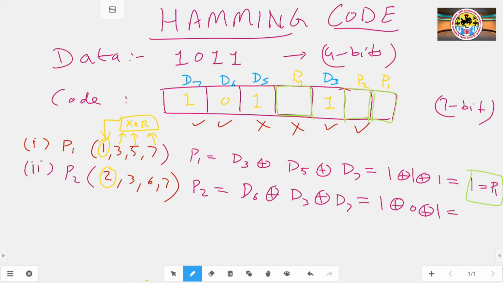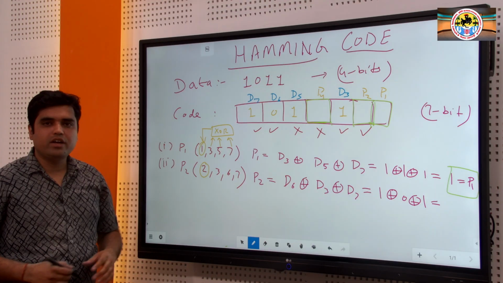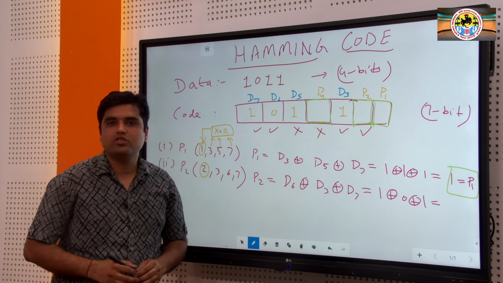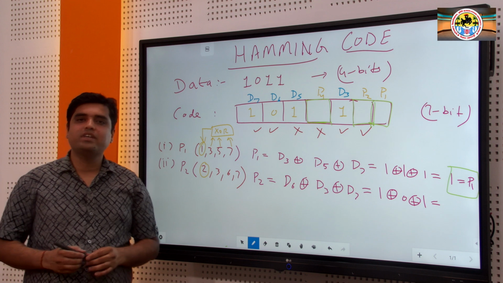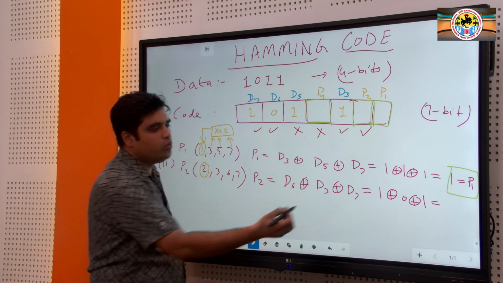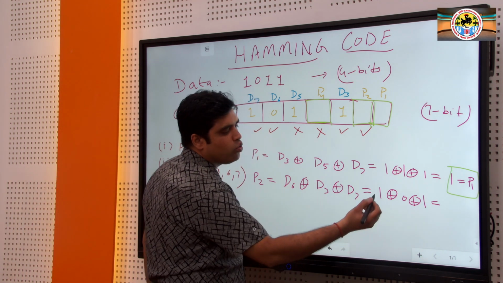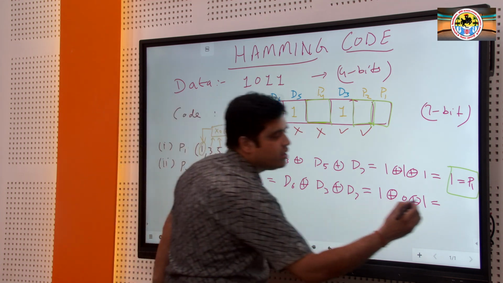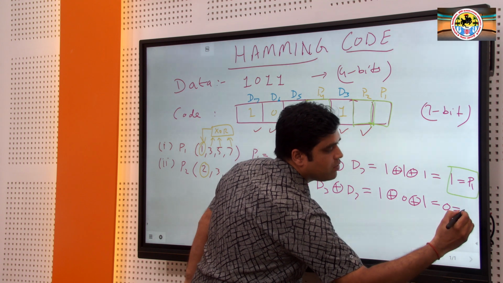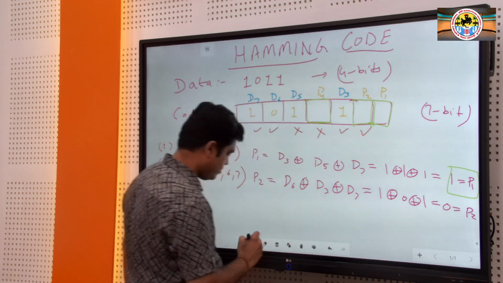The bits at positions 3, 6, 7 are 1, 0, 1. As I told you, the output of XOR function is 1 if the number of ones at its input is odd. Here we have 2 ones, that means the answer would be 0, and this is the value of P2.